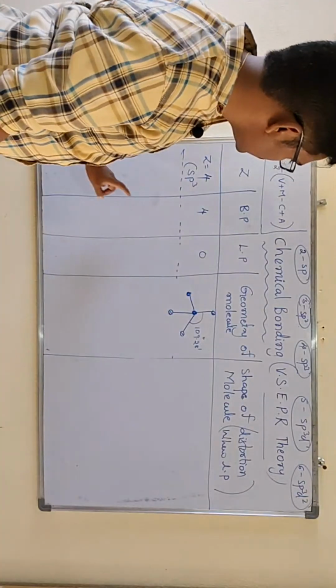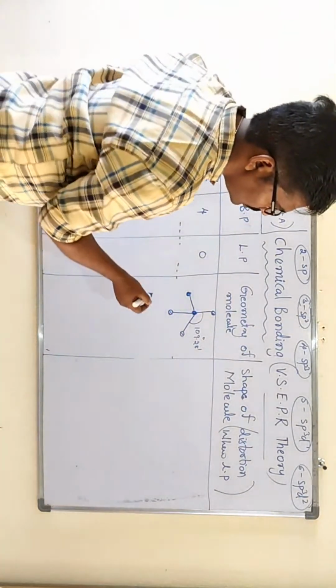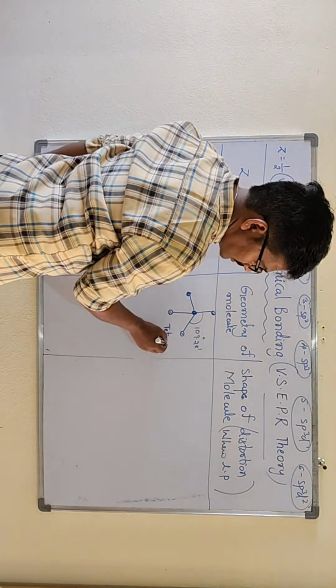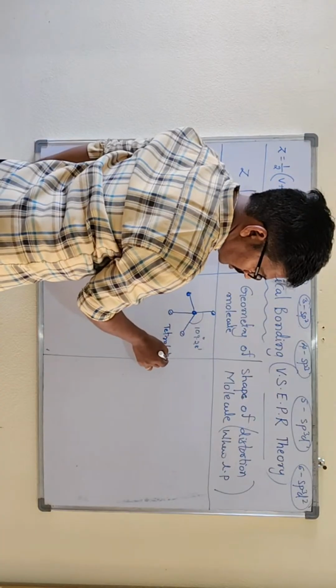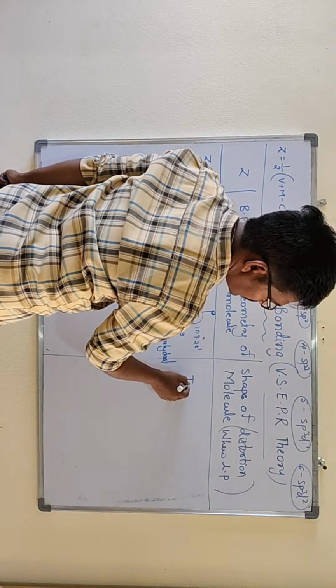So this is the bond angle. The geometry of the molecule we call tetrahedral, and the shape of the molecule is also the same, tetrahedral only.